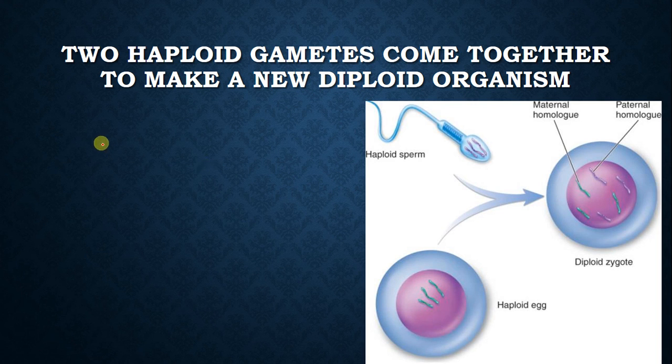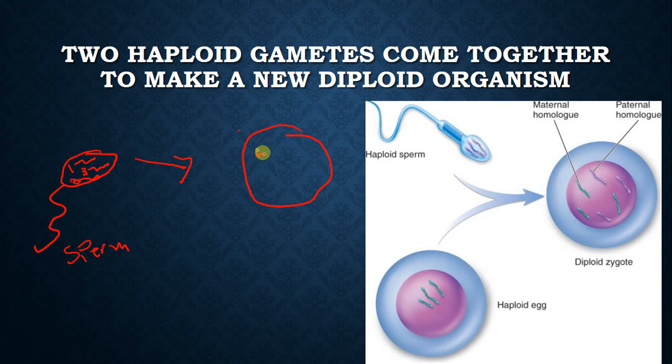So for example, if this is my sperm cell, and it has 1 copy of chromosome 1, chromosome 2, chromosome 3, and it's going to go and fertilize my egg cell that has 1 copy of chromosome 1, chromosome 2, chromosome 3.